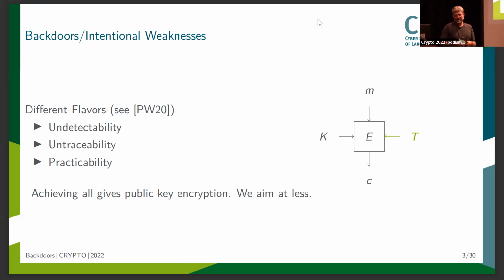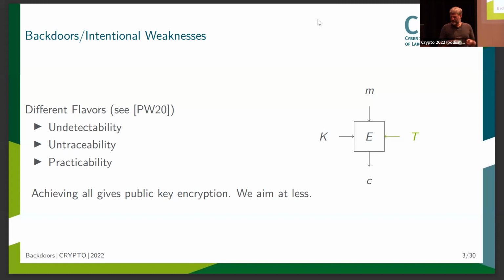That's more the case if you think, for example, of a tweakable block cipher, and maybe there's a special tweak which makes the cipher weak. Then even if somebody uses this special tweak, you shouldn't be able to tell that this was the special tweak which activated the backdoor. And it should be practical, meaning that if you use the backdoor, then you're able to practically break the scheme. Otherwise, it's not worth it.